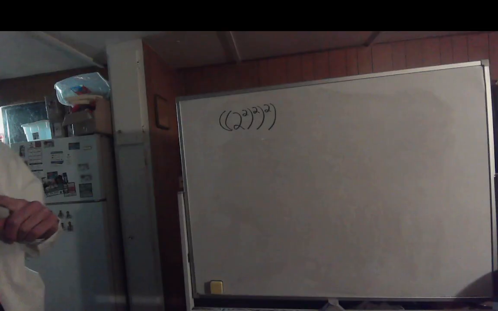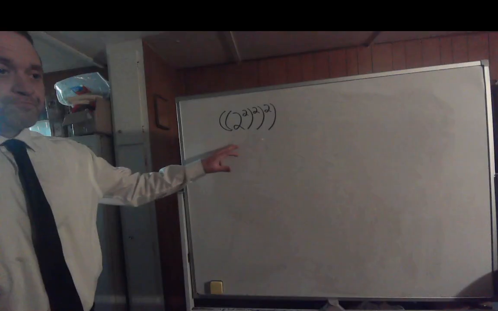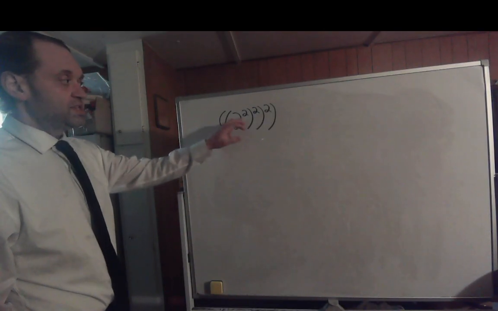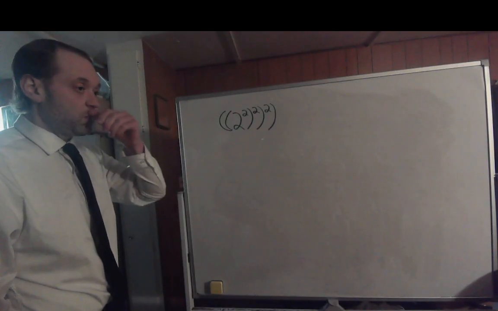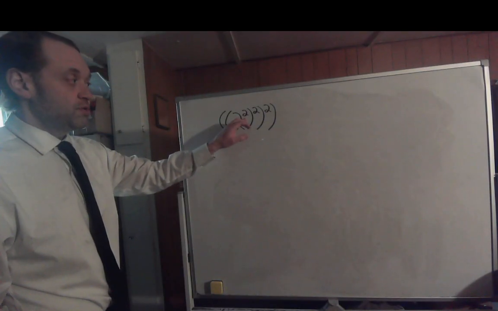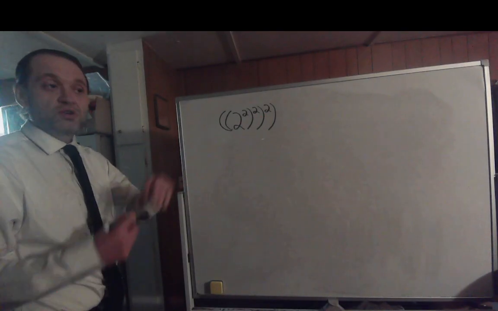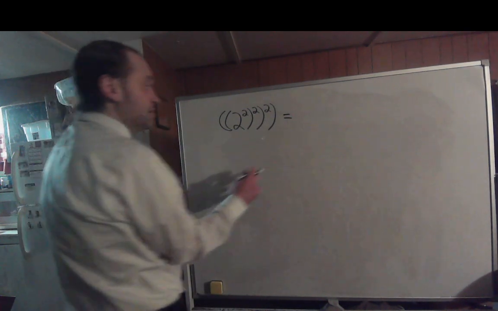Well, first, let's take a look at a normal expression where you have 2 to the second power raised to the second power raised to the second power. If you have a base in parentheses raised to a power that's raised to another power that's raised to another power, you just multiply all the powers, right? So what would that end up being?